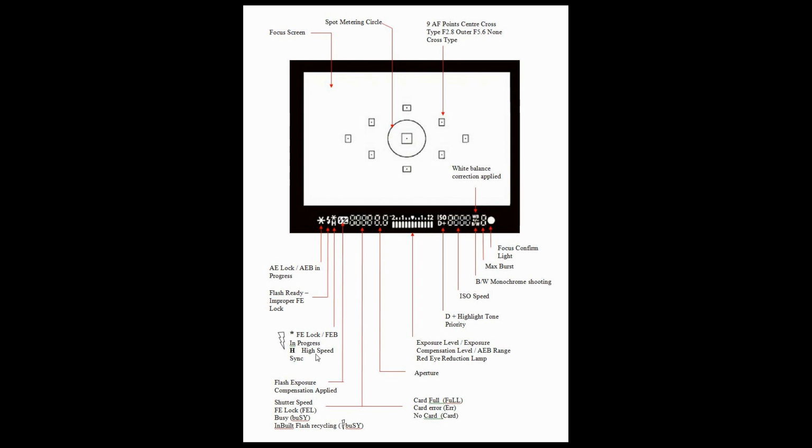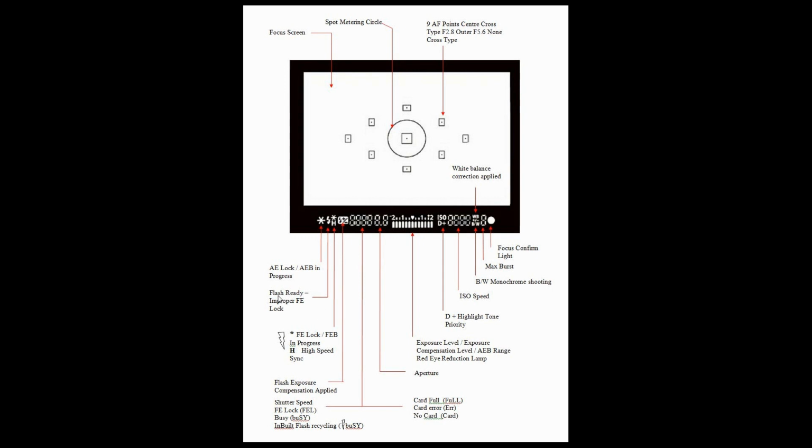Okay, and the H, high speed sync, that comes up when you have high speed sync enabled, and that, by the way, is only a feature that's available with external speed lights mounted on the 500D, such as the Canon 430EX, 430EX2, 580EX, or the 580EX2 as well, along with some of the new generation, I think they're 600EX flashes that have just been released also. So that tells you if you're currently shooting in high speed sync. You will also see that notified on the back of the flash that you are using as well.